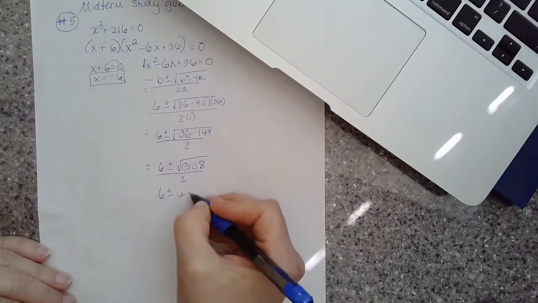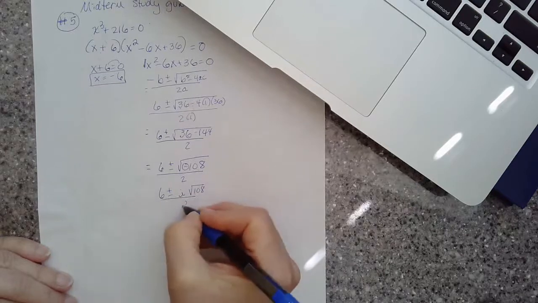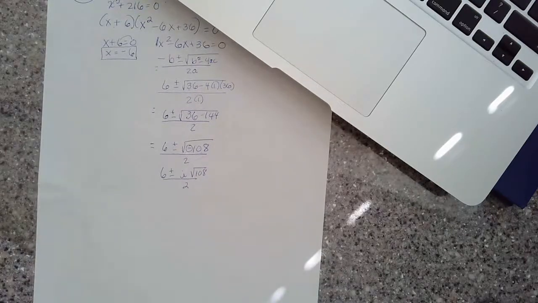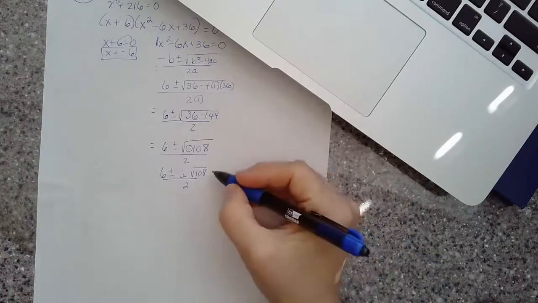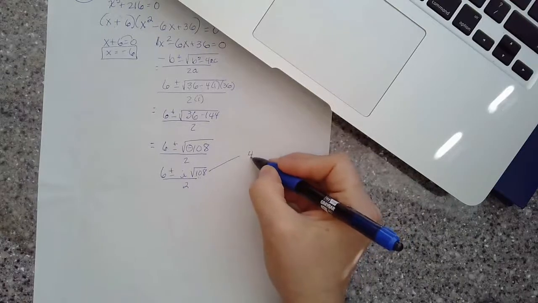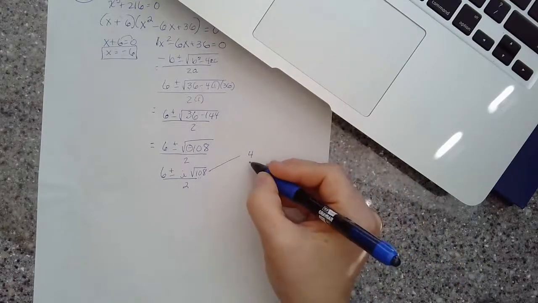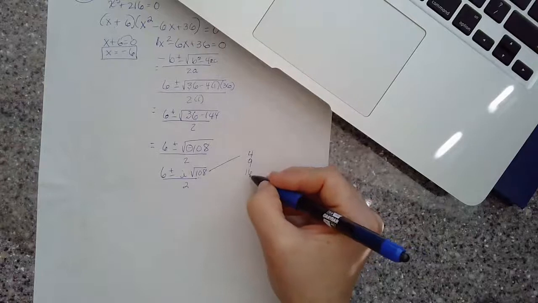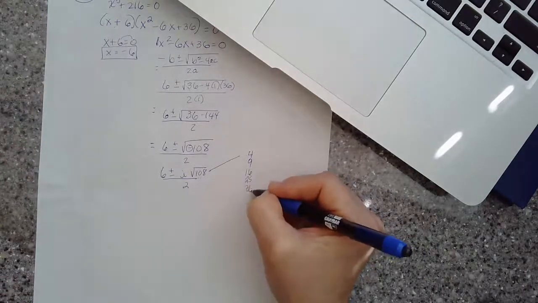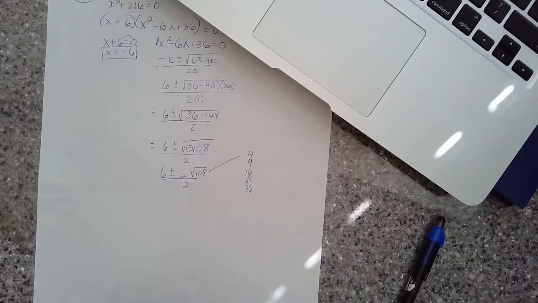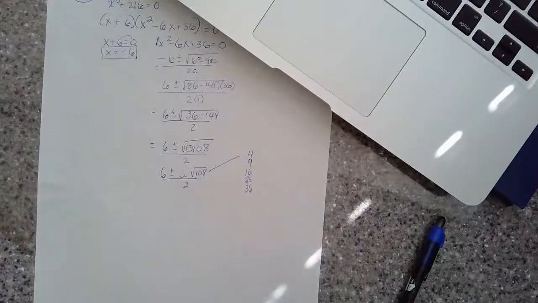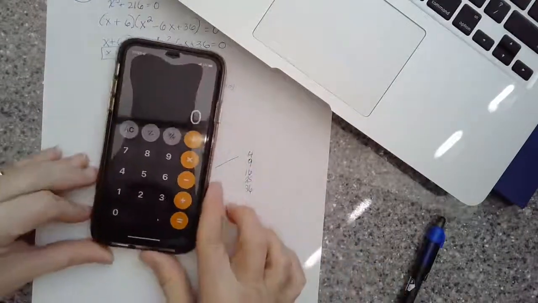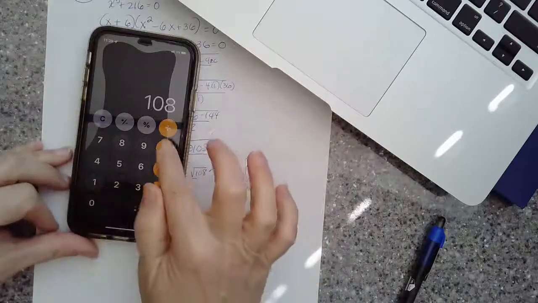But then 108, even though it might not be the most familiar number to us of what its factors are, it will break down. If you think about what goes into 108, we're looking for perfect squares, like does 4 go into that? Does 9 go into it? 16, 25, 36. So you start knocking that down. To show you my method, I would take my calculator out and say, okay, 108, does that divide by, start large, 36?